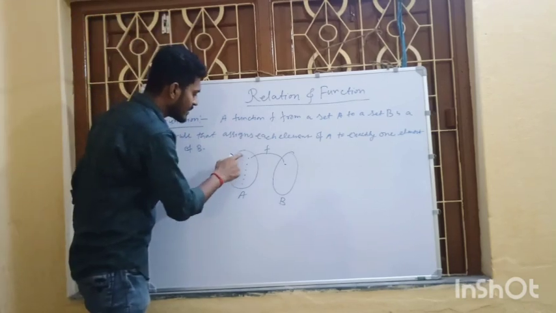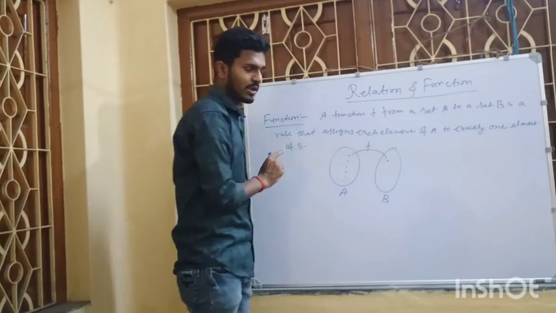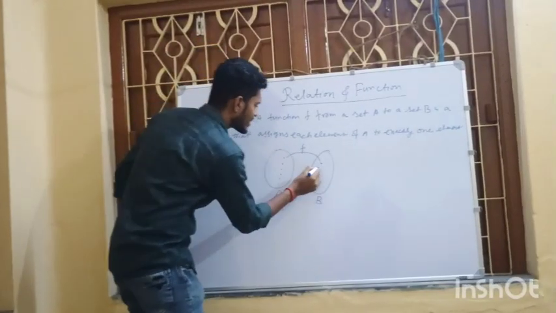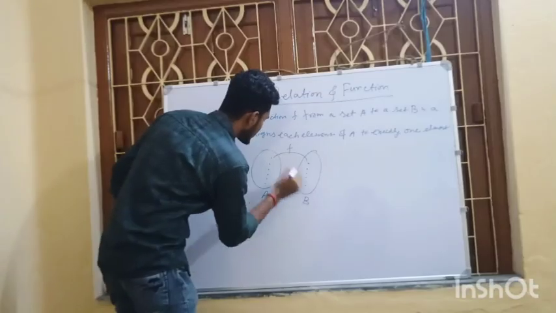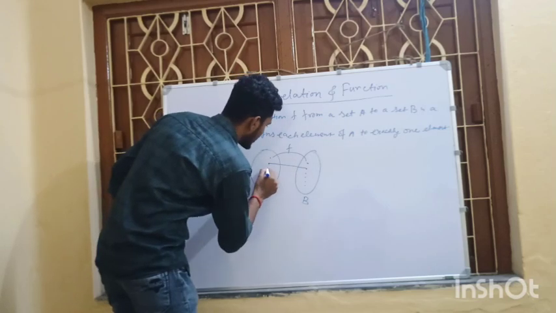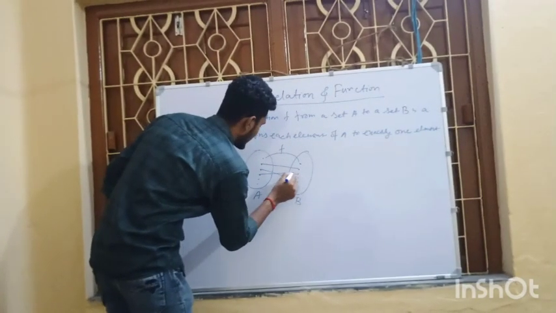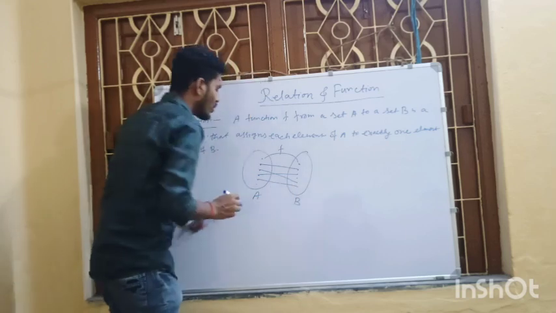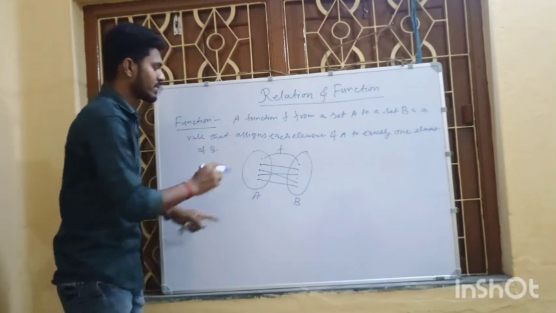So no element on this side can be left out. Each element can be mapped, so this can be mapped, this can be mapped. No one should be left out. It should be mapped with some element.